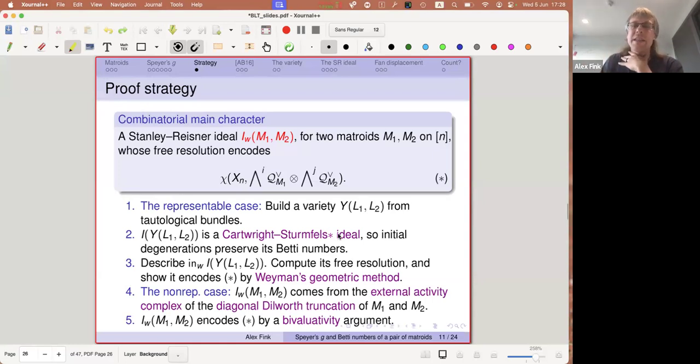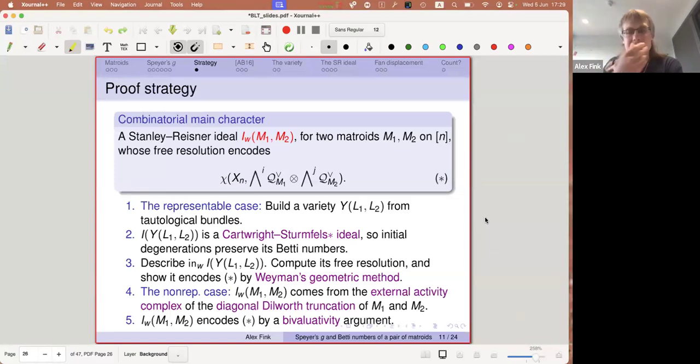Its ideal is a piece of technology, Cartwright-Sturmfels ideals, developed by Conca, de Negri, and Gorla in a 2020 paper. Cartwright-Sturmfels and Cartwright-Sturmfels star are some nice classes of ideals which behave well under generic initial ideal, preserving some multigrading. So not truly generic initial ideal, but generic subject to preserving some multigrading.